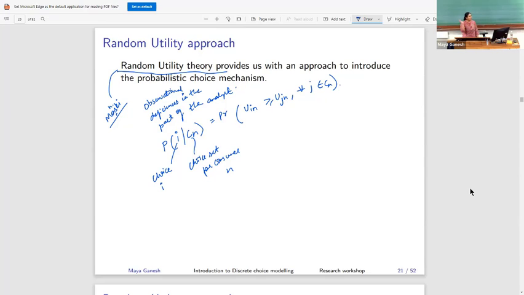So we are introducing the notion of probability. We will see why we are introducing that notion of probability. Right. So which means, what are we saying?